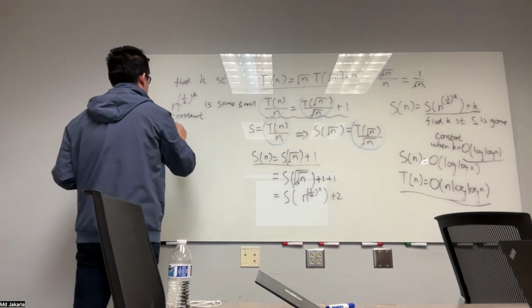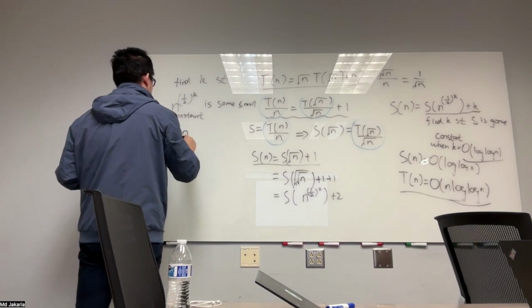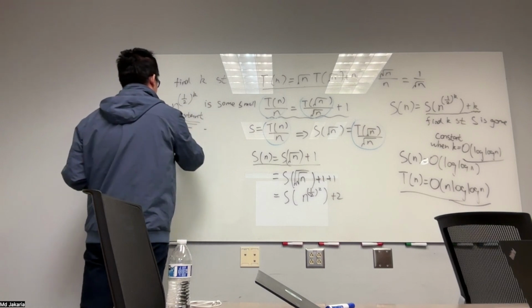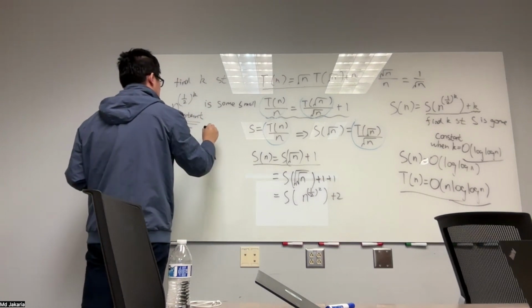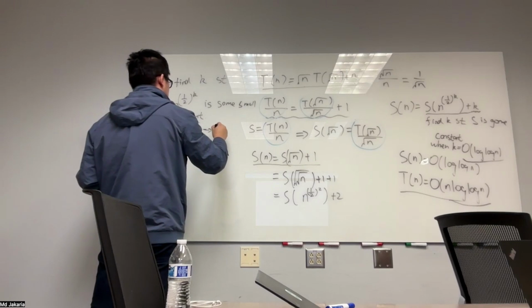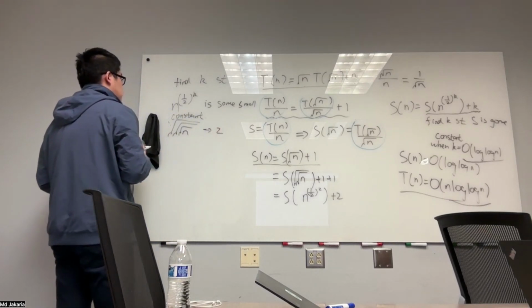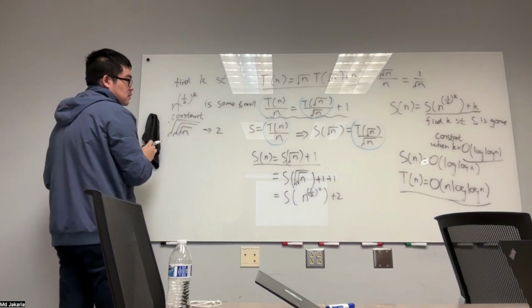That is, given an n, you square root it, and then keep square rooting it until it becomes some small number, like 1 or 2 or something like that. So the question is to find k.